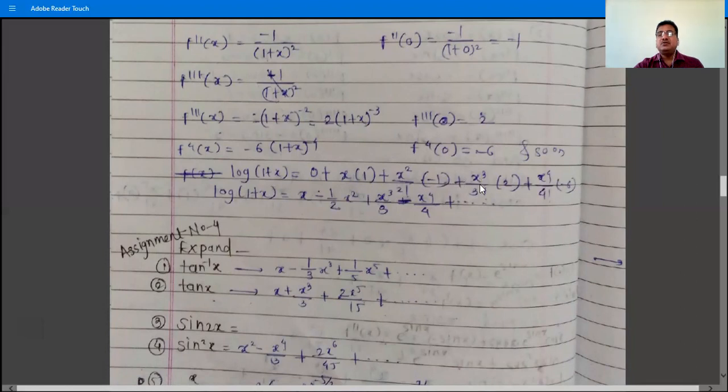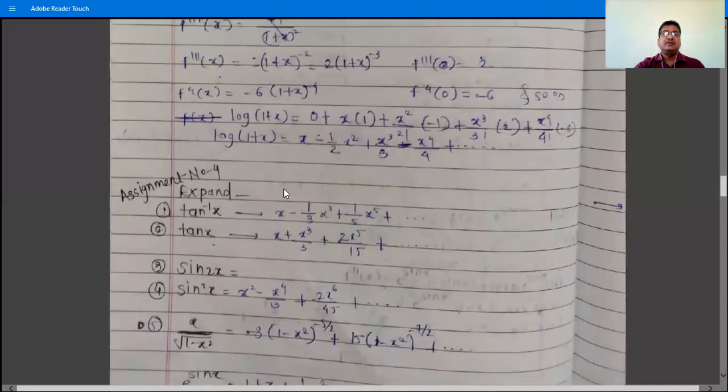Then x cube by 3 factorial means 6, and 2 by 6 means divided by 3. Minus the next term: 4 factorial is 24, and 6 by 24 is divided by 4, so minus x raised to 4 by 4. The next term must be plus x raised to 5 by 5, and so on. So this is the expansion of log(1 plus x).